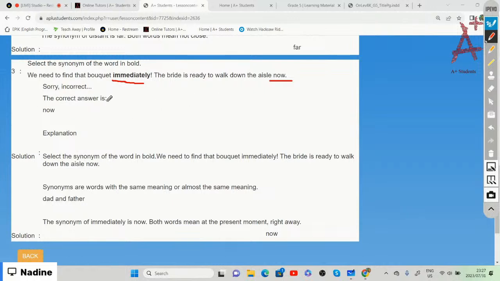So immediately and now are two different words with almost the same meaning. Immediately is a synonym of now, or now is the synonym of immediately. Both of these words mean at the present moment, or right away.